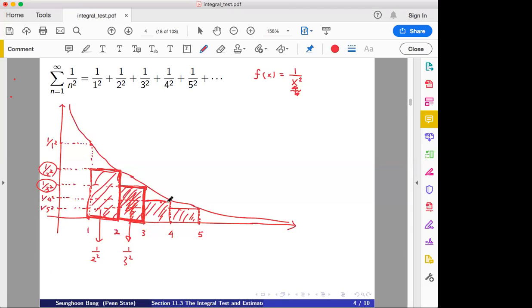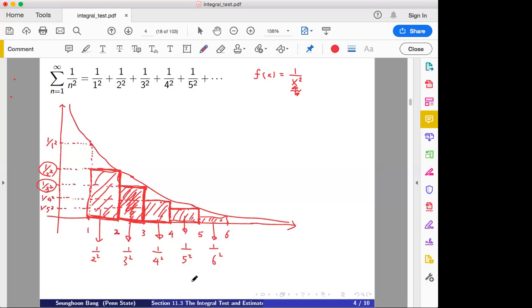This one is similar: the width is 1, the length is 1 over 4 squared, so the area is 1 over 4 squared. This one is 1 over 5 squared. You can choose 6 with the same idea. You can make a rectangle, find the area 1 over 6 squared, and so on.